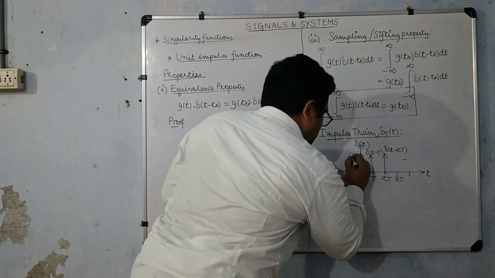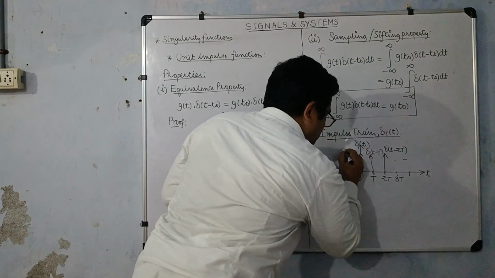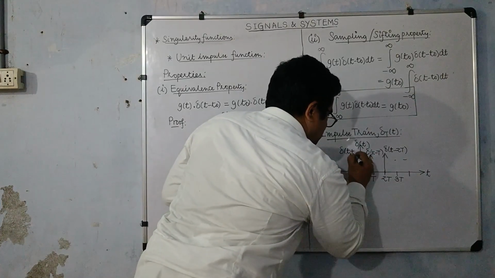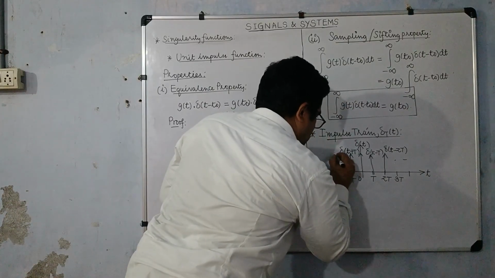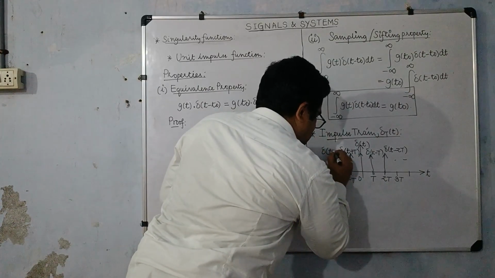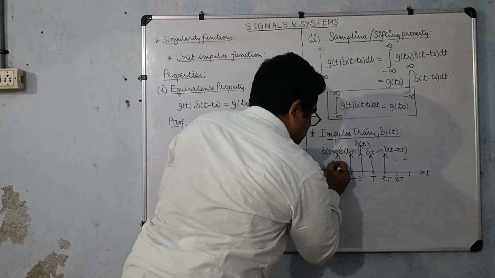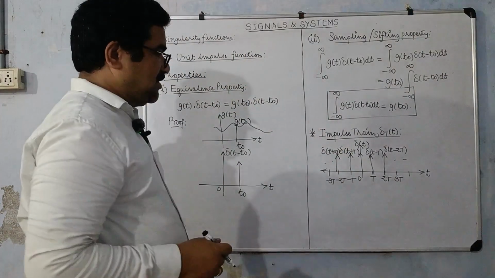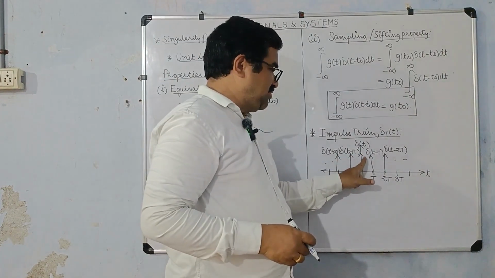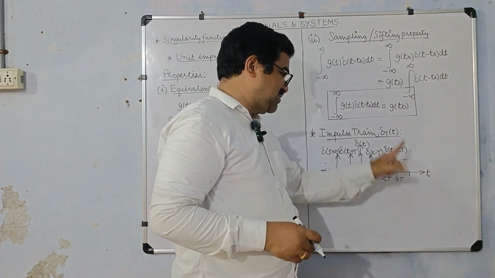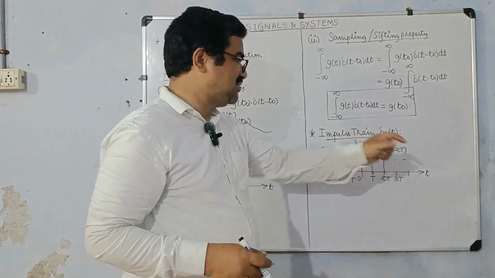Here this will be t minus of minus T, that is delta of t plus T. This will be delta of t plus 2T, and so on. Okay, so I am repeating the same impulse every capital T seconds. So it is becoming an impulse train.